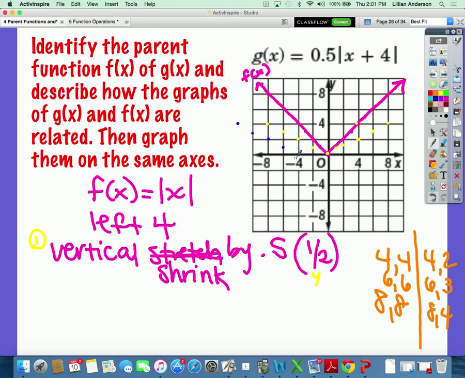I know it's only showing 2 on your graph, but that's because your scale is by 2s. So every point moved over. And we'll continue the same pattern. And there's your graph.